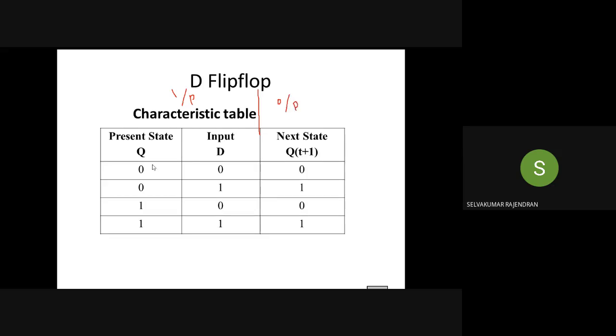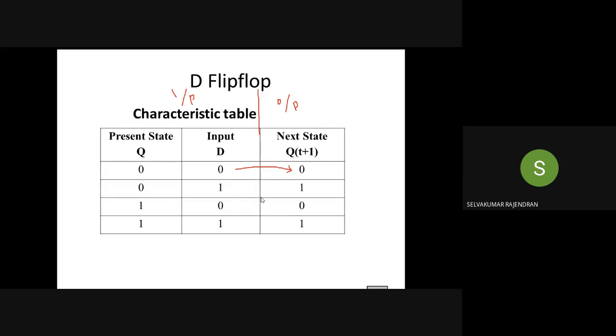So present state Q, input D. Present state means previous output. If it is 0 and you are applying D equal to 0, the next state will be 0, because the D flip-flop output follows the input applied on the D input line, irrespective of the present state value or previous output.